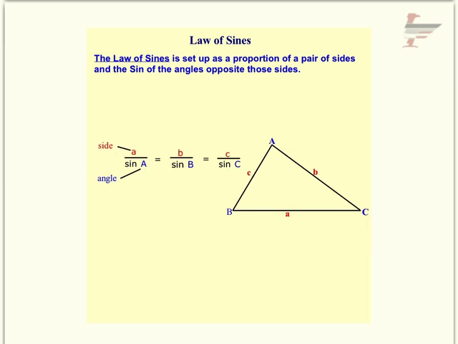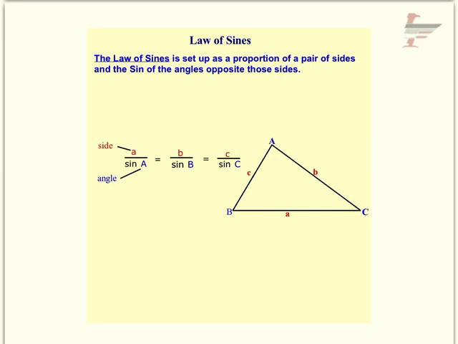But first, the law of sines is set up as the proportion of a pair of sides and the sine of the angle opposite to that side. So very, very easy formula to use. As long as you know a side and its angle opposite and then any other side or angle, you should be able to solve for missing pieces in that triangle.